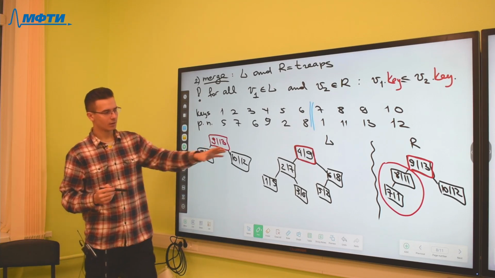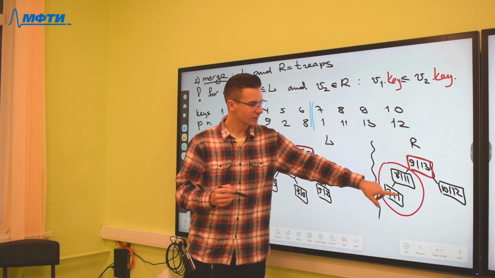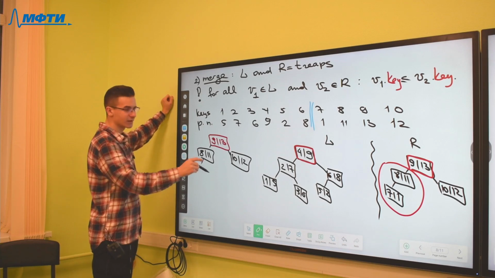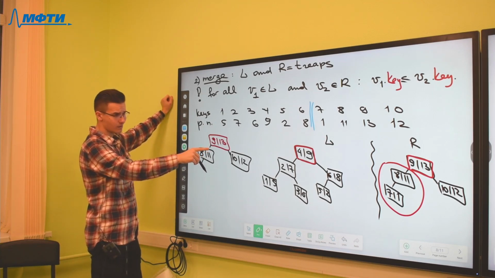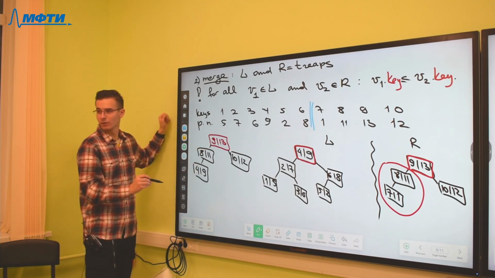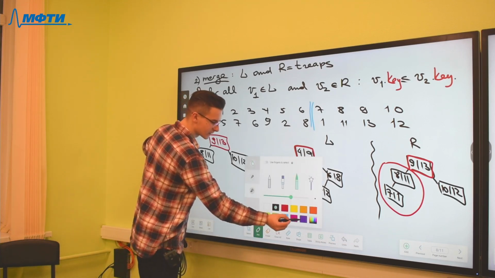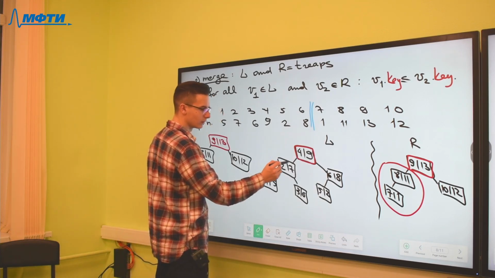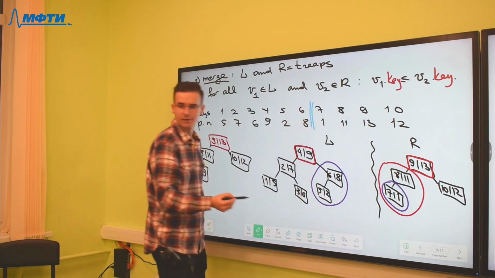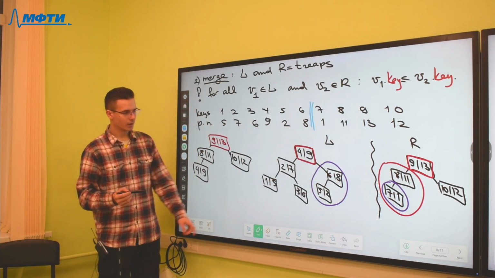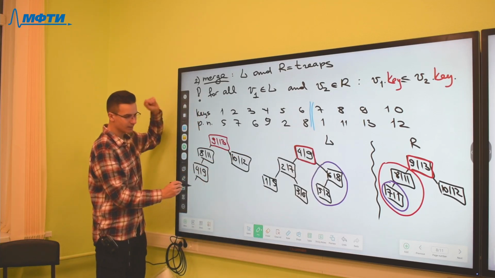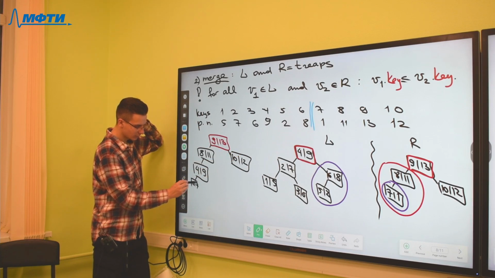Then I merge this treap with this subtree again. And then I see that the last number is 4, 9. In this case, I need to merge this tree and this subtree, and it will be the left subtree of the new treap.